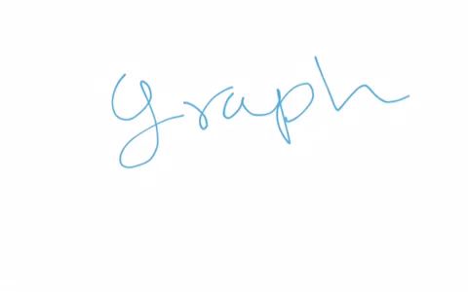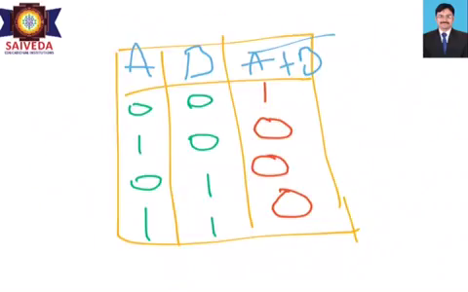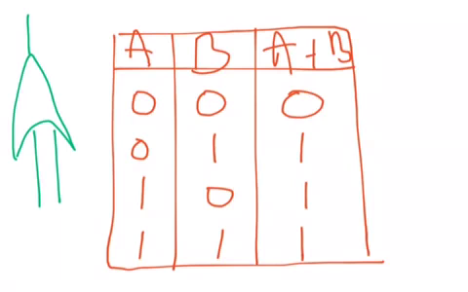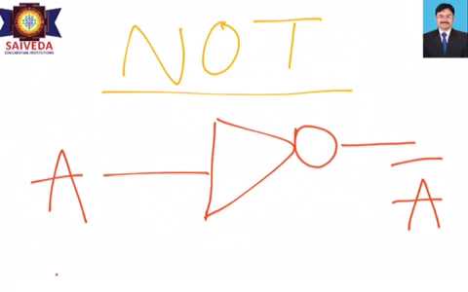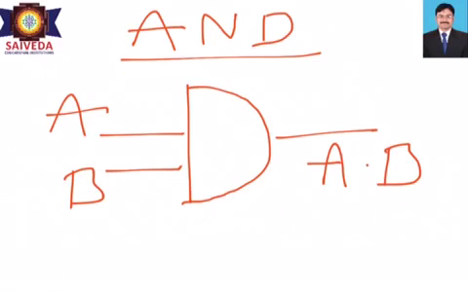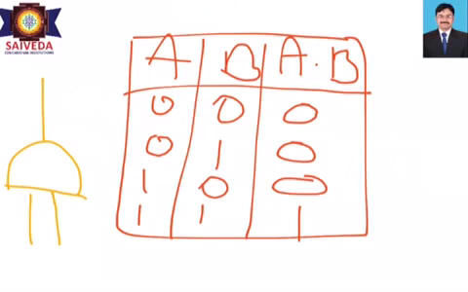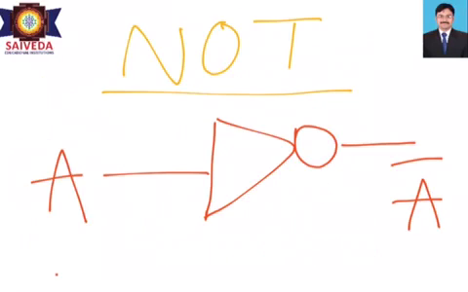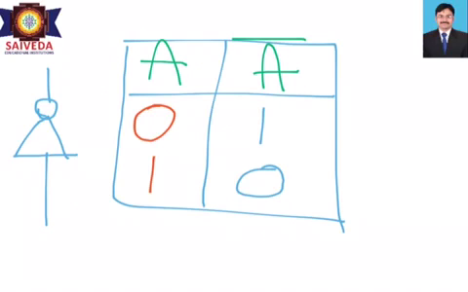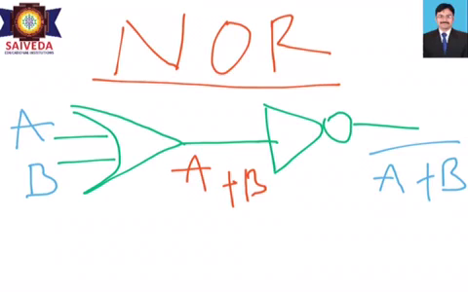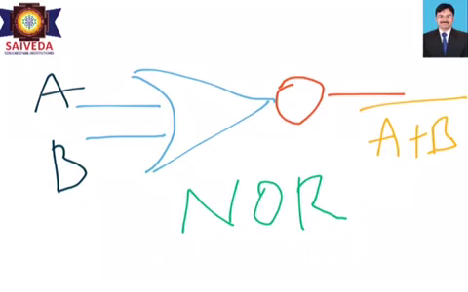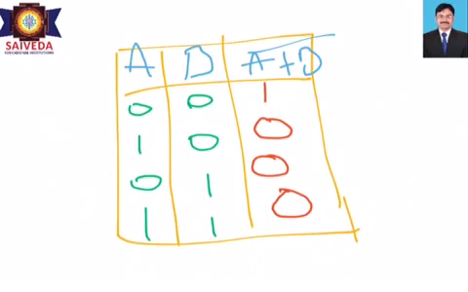So in this particular video, let us check from the start what we observed. First we got the OR gate. This is the OR gate symbol and OR gate truth table. Next, this is the AND gate symbol and AND gate truth table. Next, this is the NOT gate symbol and NOT gate truth table. Next we observed the NOR gate symbol and NOR gate truth table.